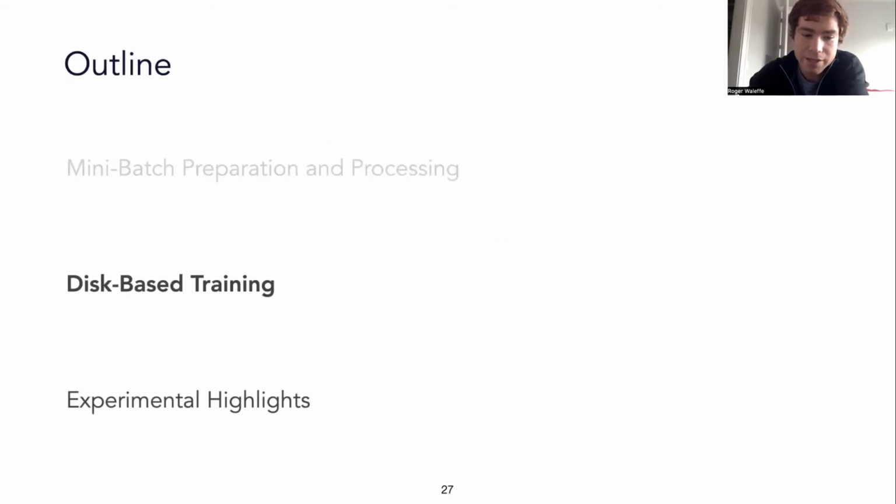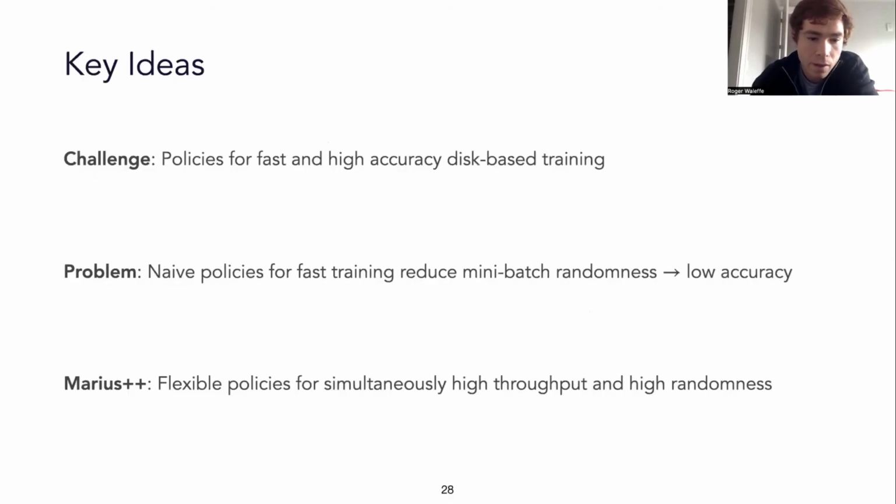So let's go ahead and shift gears a bit and turn our attention to disk-based training. And just as for the previous section, I want to start by highlighting the main ideas. So first, I'll describe in general how the main challenge for disk-based training is to simultaneously achieve high throughput and high model accuracy.